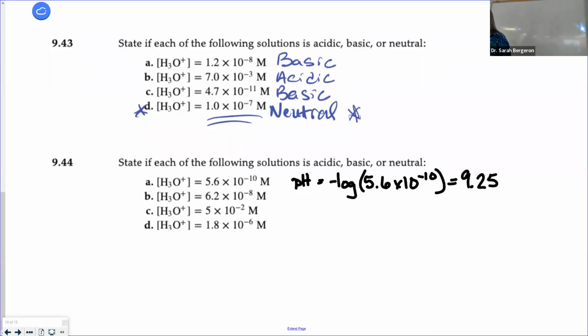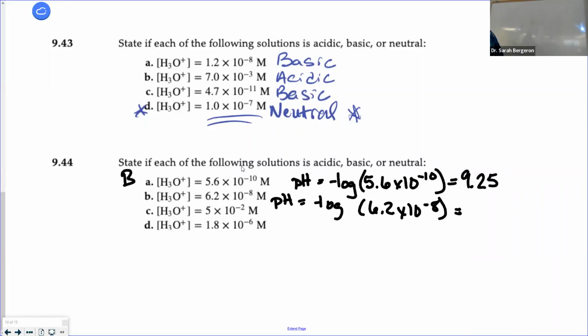Okay, so now can you tell me if that's acidic or basic? That's basic, right? That's really easy now. Do the same thing for B. pH is equal to the negative log 6.2 times 10 to the minus 8. So let's do that.